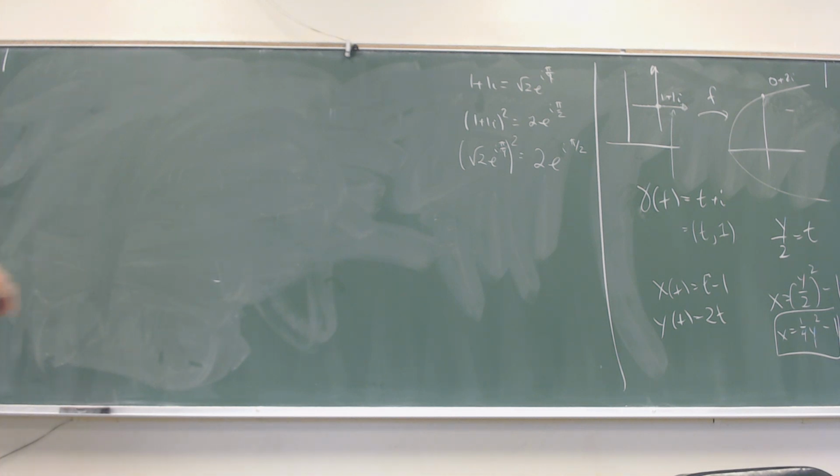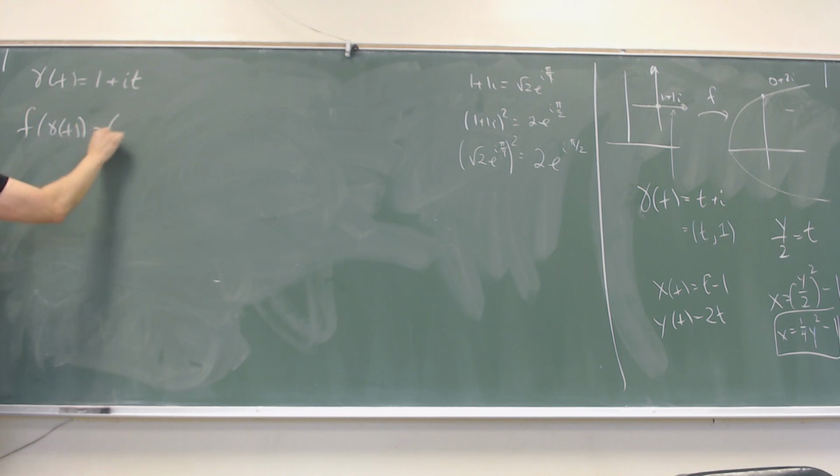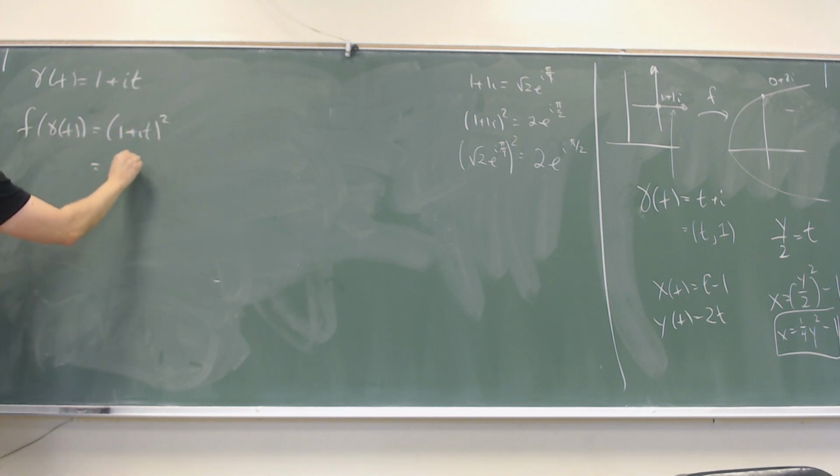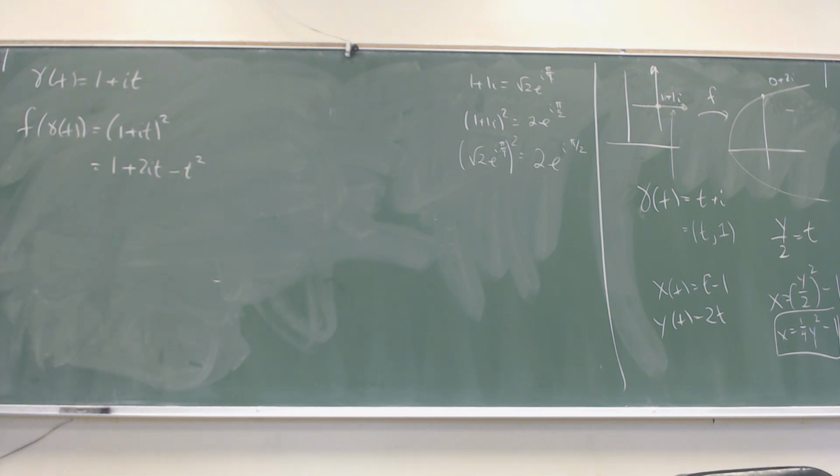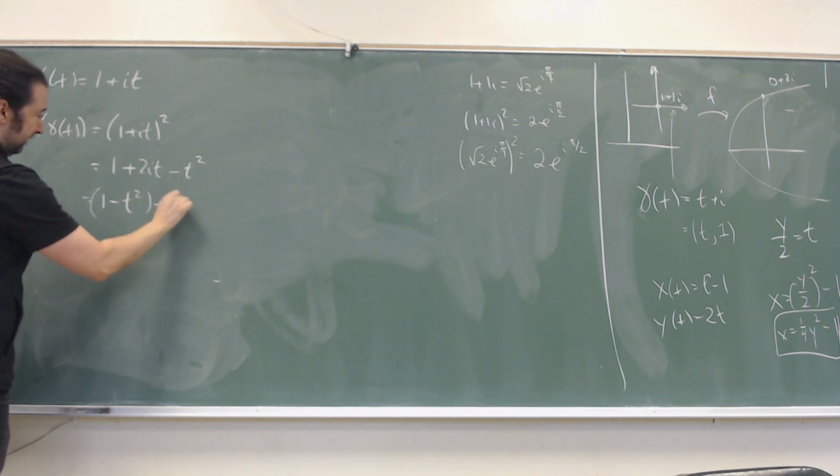If I look at the second line, if I parameterize that, it's going to look like gamma of t is equal to 1 plus it, which is going to give us f of gamma of t is (1 plus it) squared, which is 1 plus 2it minus t squared, I think. Is that right? So I get 1 minus t squared plus 2it.